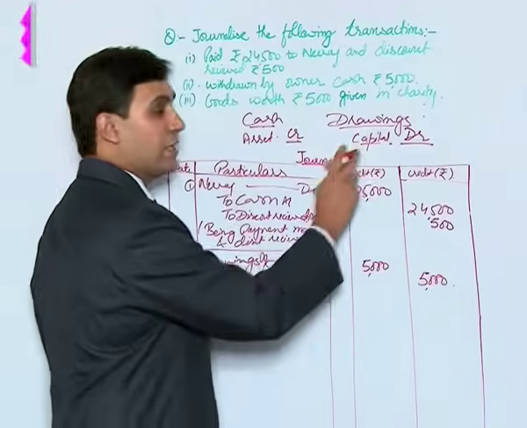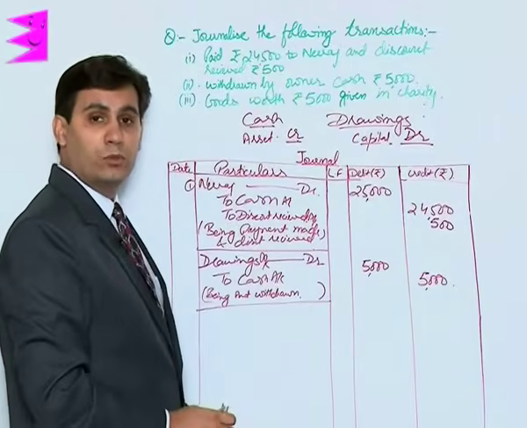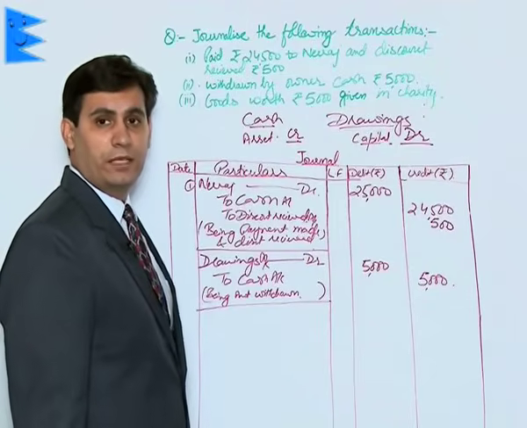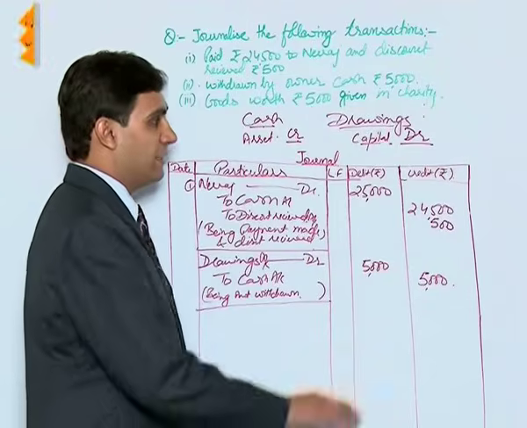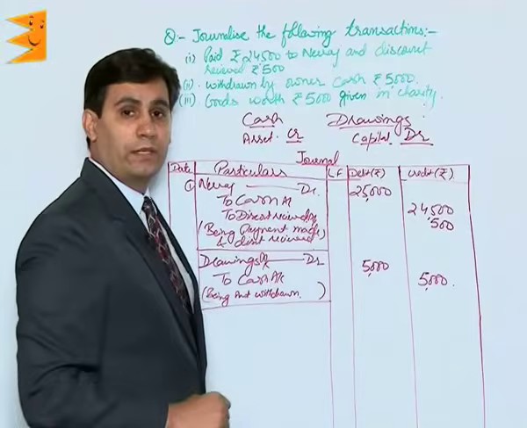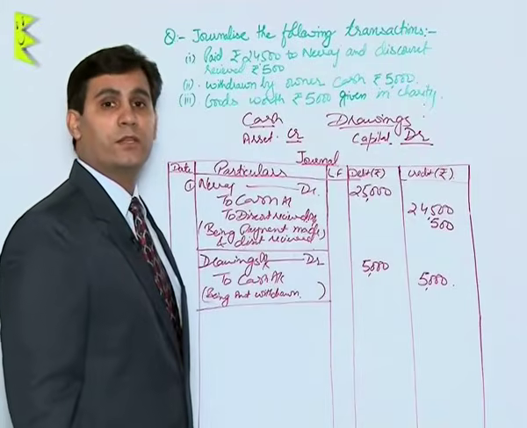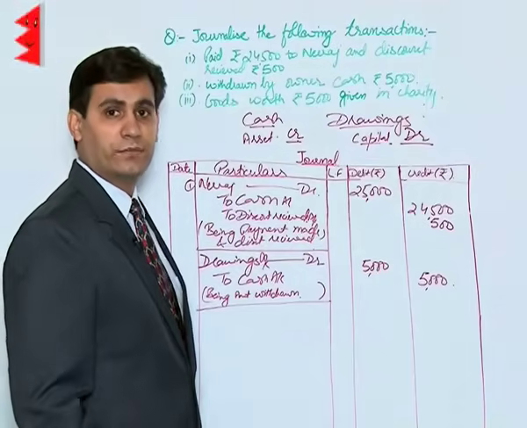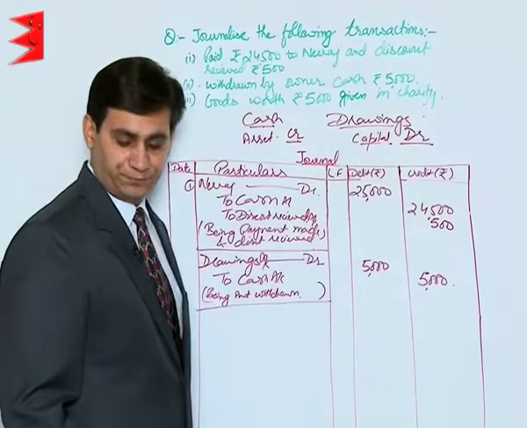Now students, since for capital the rule is if the capital increase it should be credited, otherwise it should be debited. So in this case, since owner is withdrawing, his liability is reduced to that extent. So that means the liability is decreasing, hence debited.